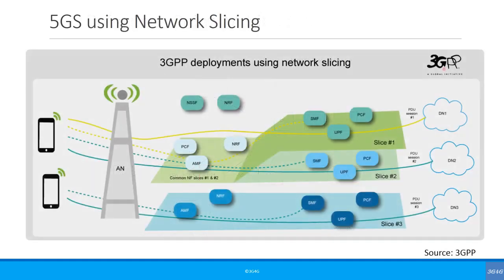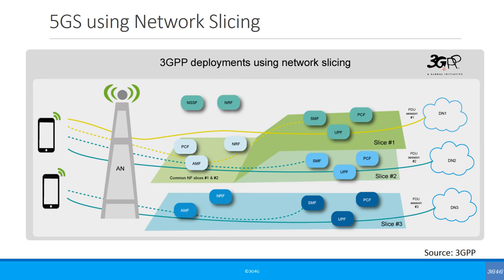Now this picture is from 3GPP. So I provided a reference later on. So this is the first reference in the references. But here you can see that it shows the 5G system with the network slicing.